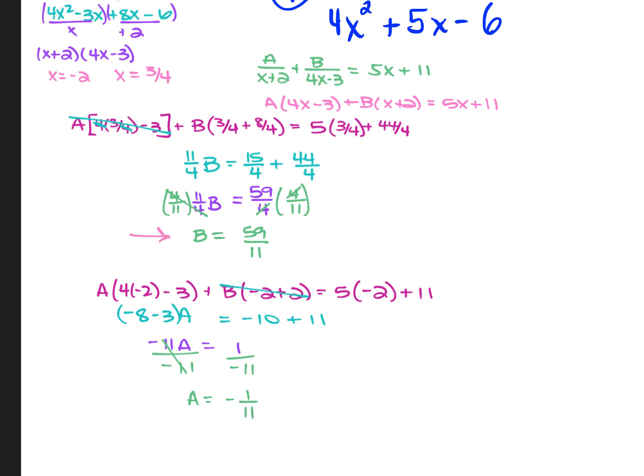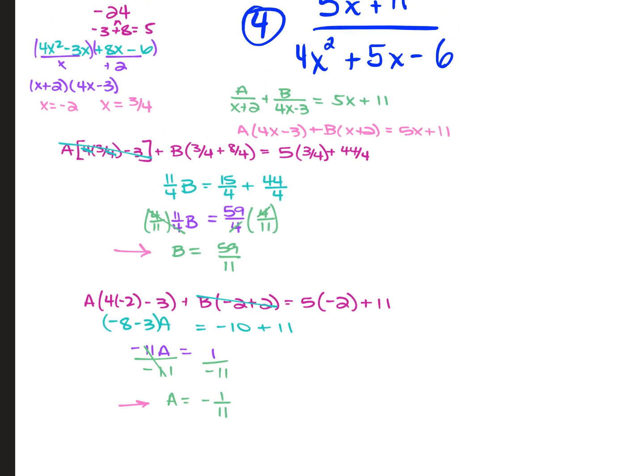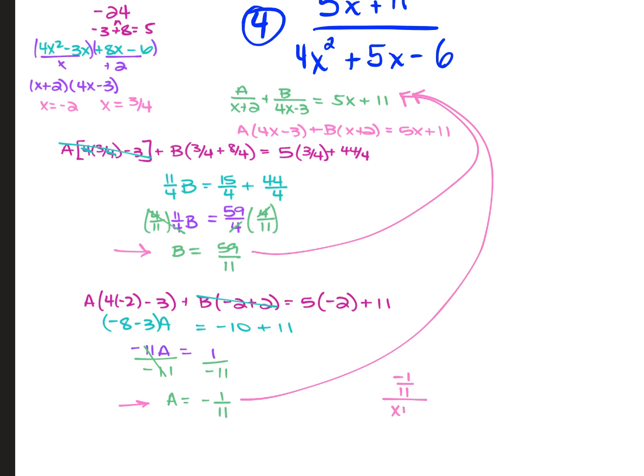If your B is the 59 over 11 and your A is the negative 1 over 11, put those both into that A over x plus 2 plus B over 4x minus 3. This is going to leave you with negative 1 over 11 all over x plus 2 plus 59 over 11 all over 4x minus 3.